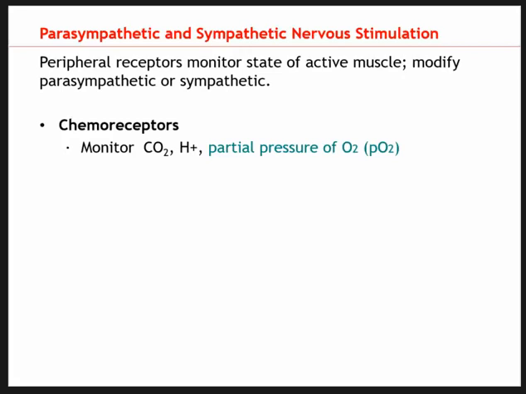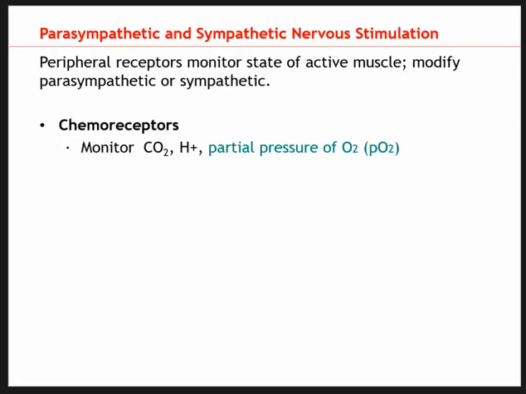Chemoreceptors monitor chemicals. The goal is to maintain homeostasis in the cardiorespiratory system by monitoring chemical levels. So what chemicals are we talking about? CO2, carbon dioxide, is produced by our working muscles, so chemoreceptors will detect if blood is high in CO2.